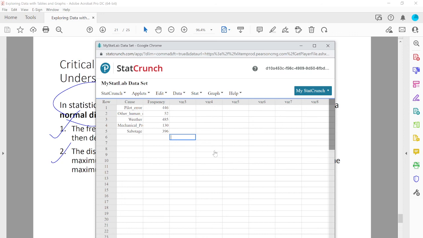It's 1509. One more time, 446 plus 52 plus 485 plus 130 plus 396, it's 1509. So for each category, we just have to divide these numbers by 1509.